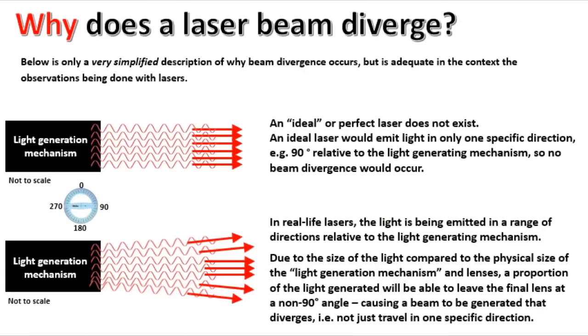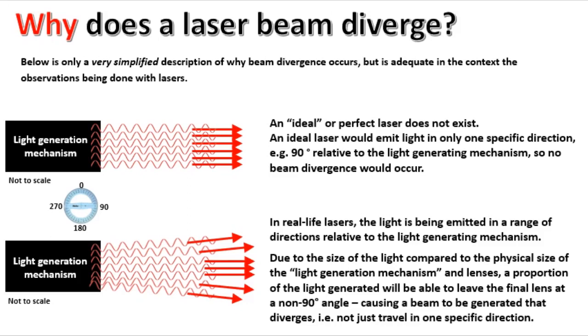Why does a laser beam diverge? Below is only a very simplified description of why beam divergence occurs, but is adequate in the context of the observations being done with lasers. An ideal or perfect laser does not exist. An ideal laser would emit light in only one specific direction, for example 90 degrees relative to the light generating mechanism, so no beam divergence would occur.